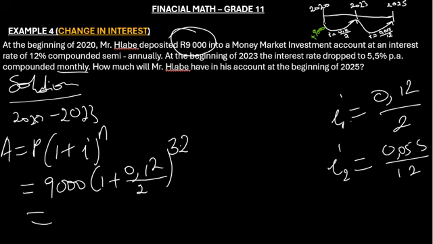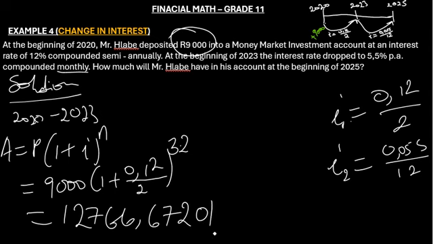Then what is the answer now? Let's find out. 9,000 times (1 plus 0.12 over 2) raised to the power 3 times 2. That is 12,766.67201.